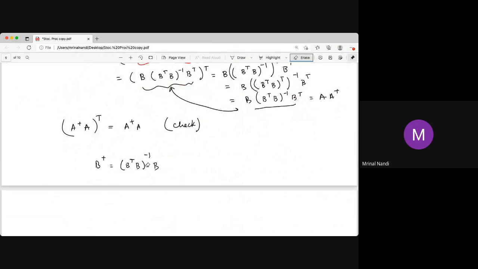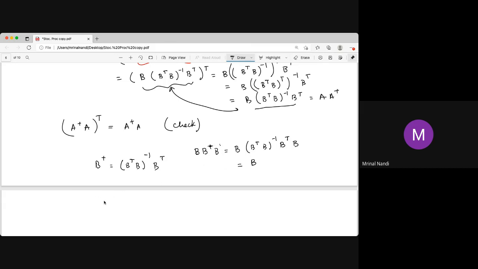We have to check that that is a Moore-Penrose inverse of B. To show that, we have to check B B plus B is just B. So this is B (B transpose B) whole inverse B transpose B, and this part is identity, so this is B.